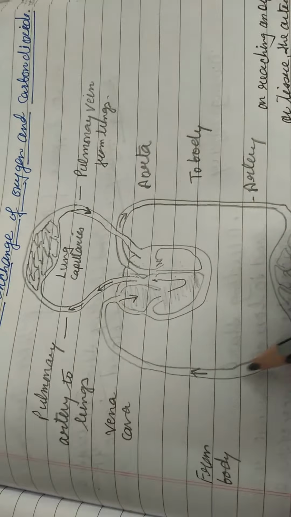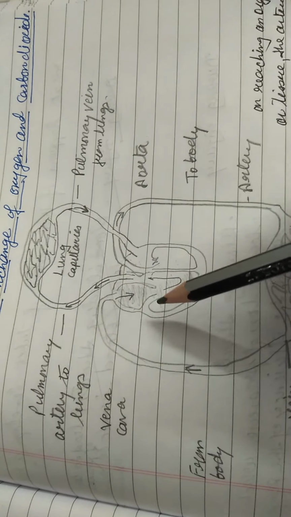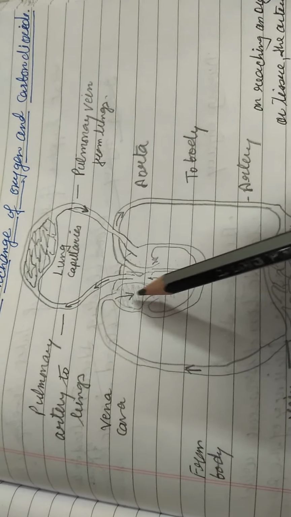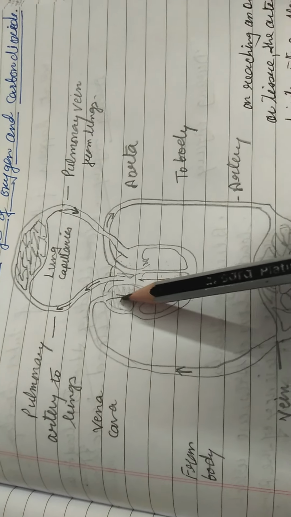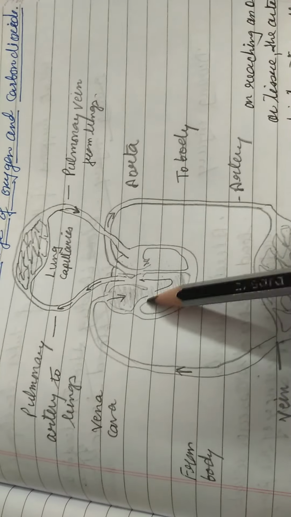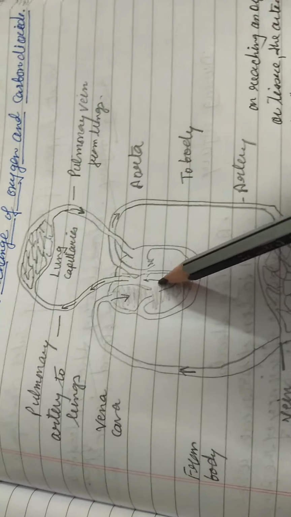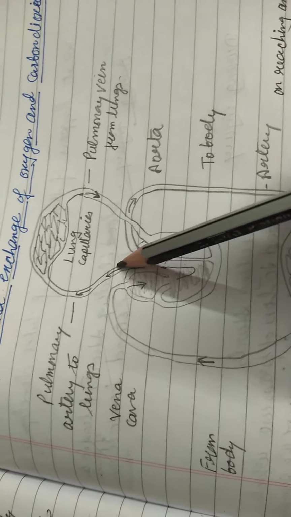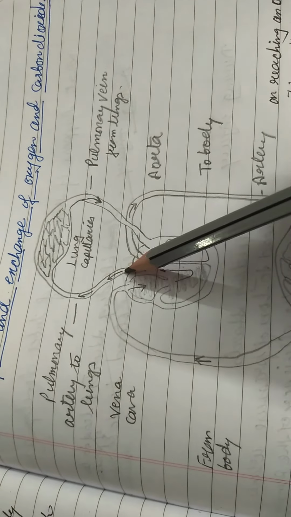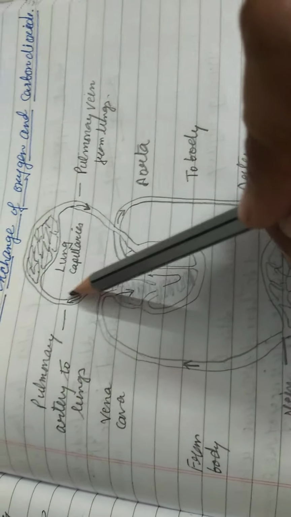Blood comes and is collected in this right auricle, this upper chamber. And from this right auricle, the blood passes to the right ventricle, and this is deoxygenated blood. And from here, blood goes through this pulmonary artery to the lungs, right?